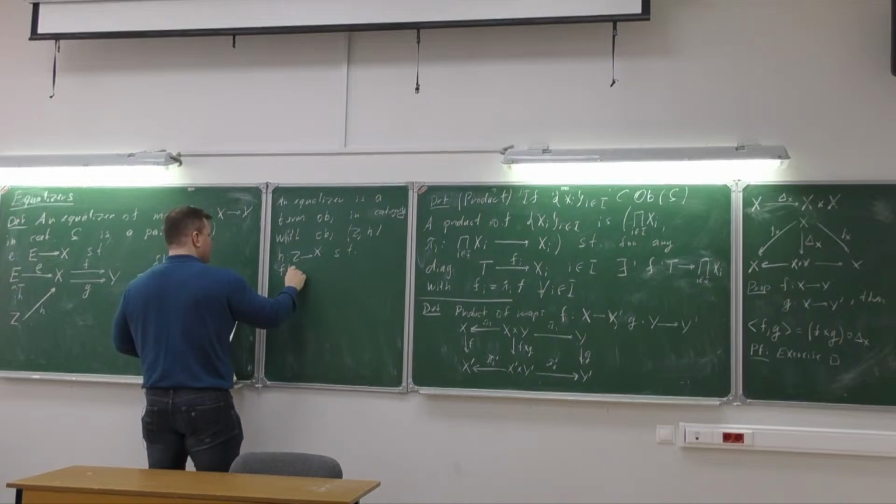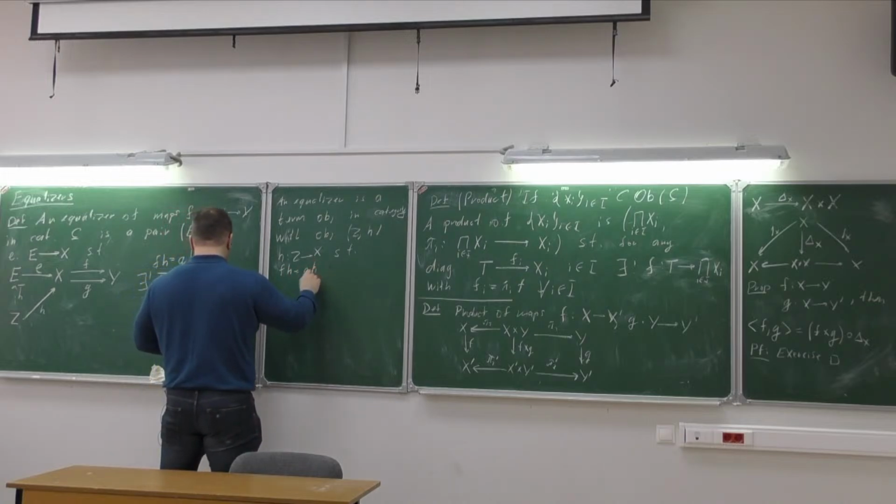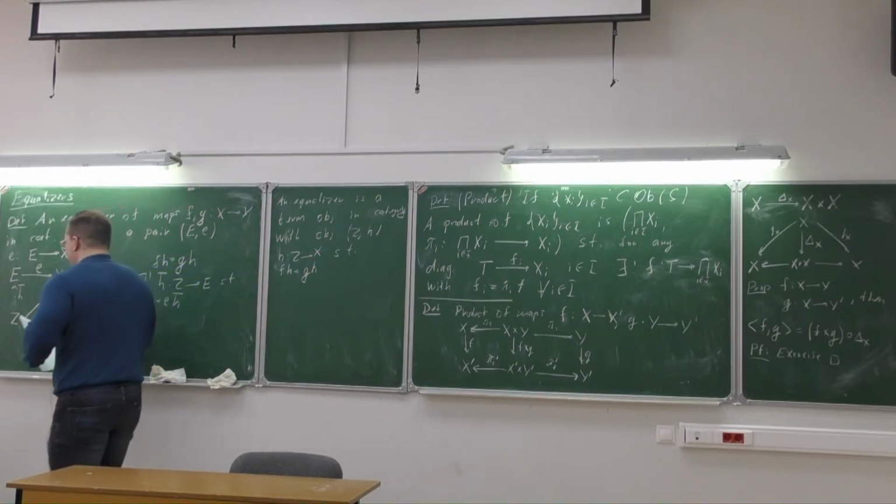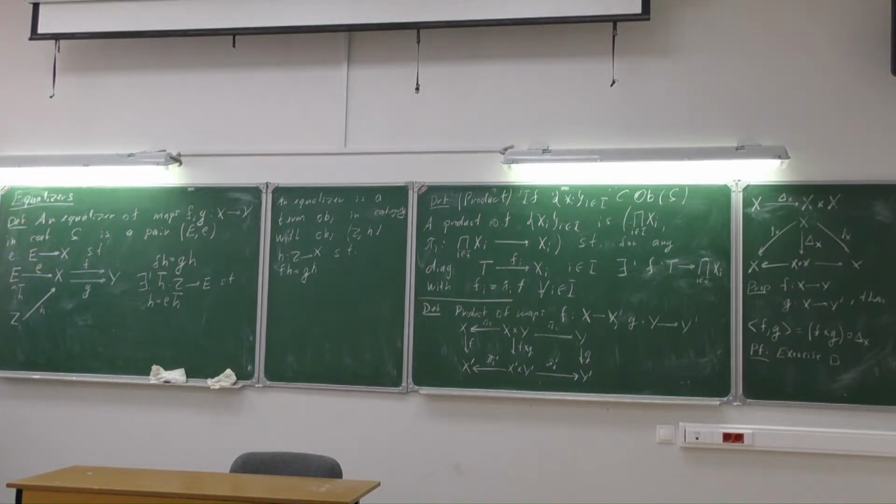So FH is equal to GH. Yeah, this remark that this can be interpreted as a terminal object, again, I forgot to tell you about this when we discussed products, but from this we can see immediately that if it exists, it's unique, right? Because a terminal object is unique. We don't know in general that if we take some category there are equalizers in this category, but if there are equalizers, they are uniquely defined.